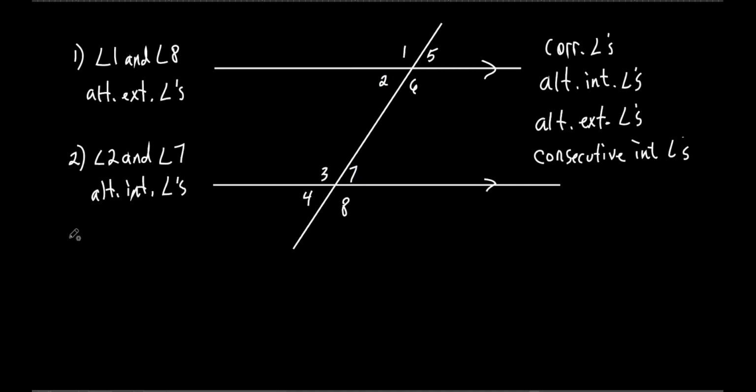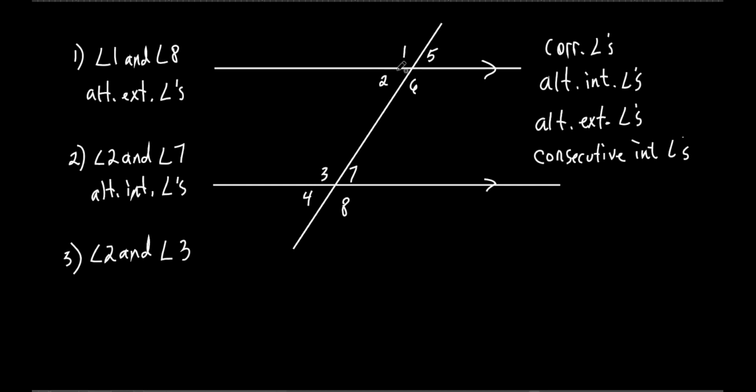All right, so let's do another one. Again, I'm just making this off the top of my head. So let's say angle 2 and angle 3. What's true about angle 2 and angle 3? They're consecutive interior angles, which means it's one after another.